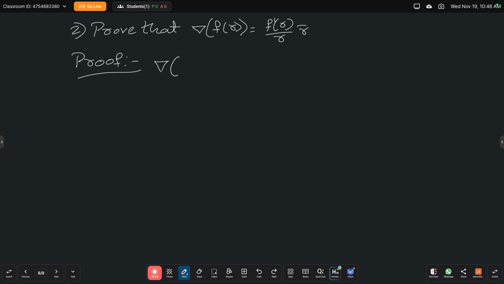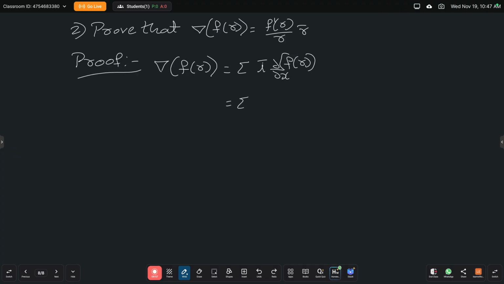Here, for del of f of r, I already discussed earlier what dou r by dou x, dou r by dou y, dou r by dou z and r bar are, so I'm not discussing all these things again. So f of r is a scalar function in terms of x, y, z. What is del phi? It can be written in the form of summation: Σ i bar into dou by dou x of phi, which is nothing but f of r.